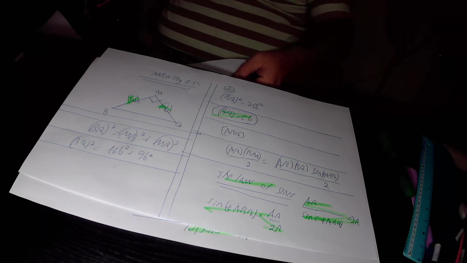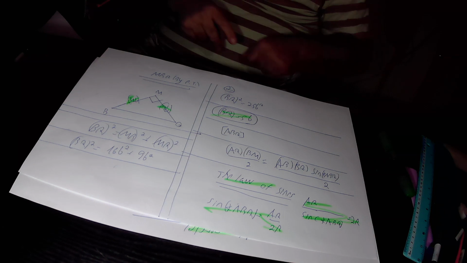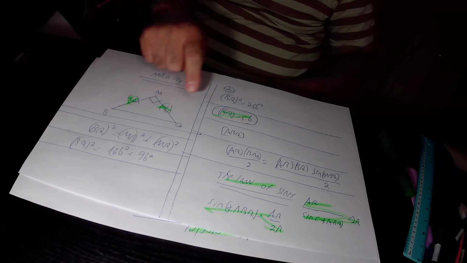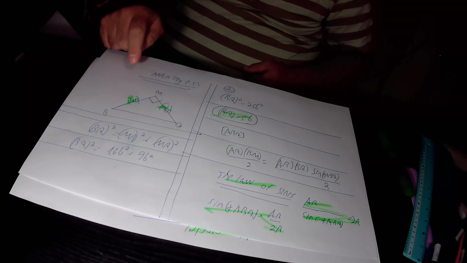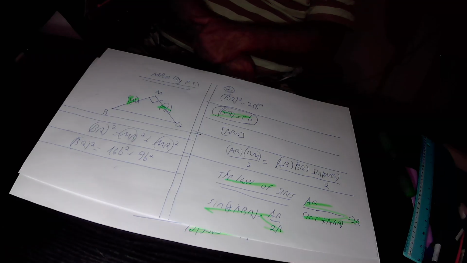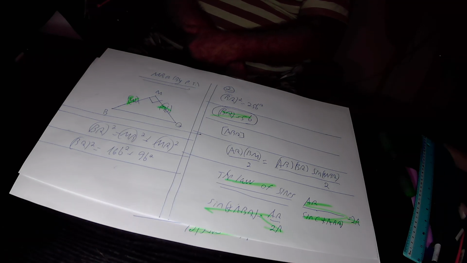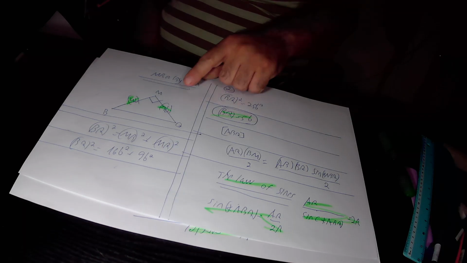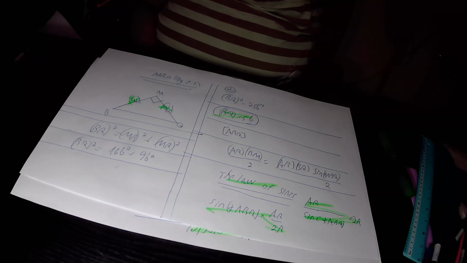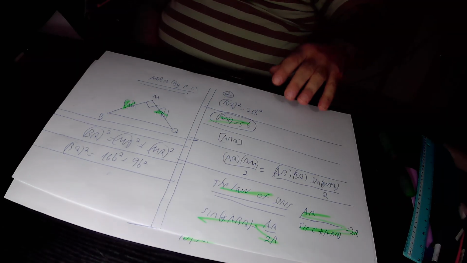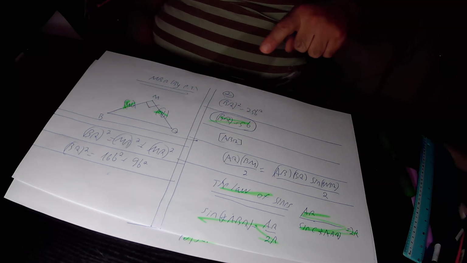In this right triangle BMQ, BQ squared, that is the square of the hypotenuse, equals MB squared plus MQ squared. BQ is the missing side, so we leave it on this side, so BQ squared equals MB squared. MB is 4b, therefore MB squared is 4b squared, that is 16b squared, plus QM squared. QM is 3b, therefore QM squared is 3b squared, that is 9b squared. 16b squared plus 9b squared is 25b squared.